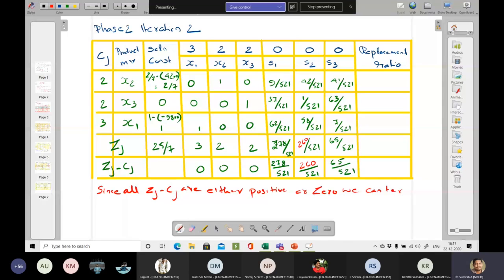Okay, now what is the solution? Maximize Zj equals 25 by 7.